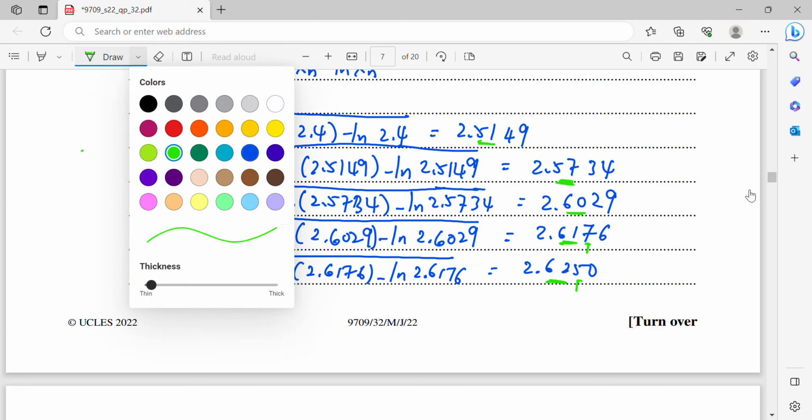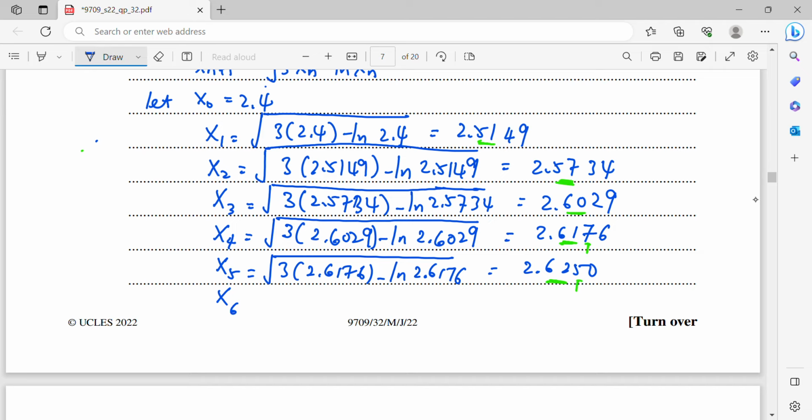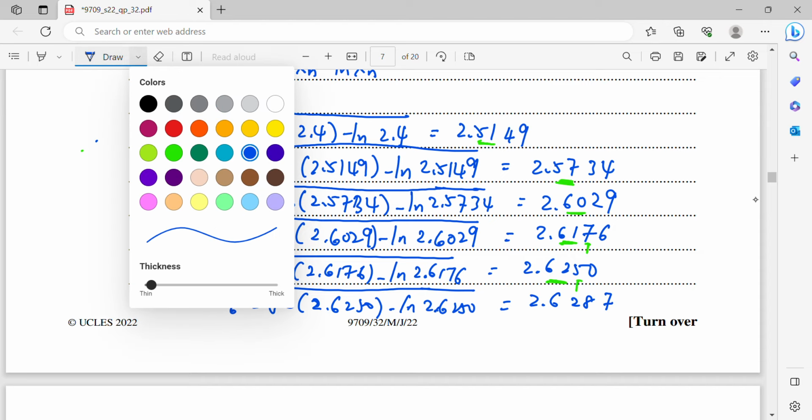So need to continue. x6 is the square root of 3 bracket 2.6250 minus ln of 2.6250. This becomes 2.6287.